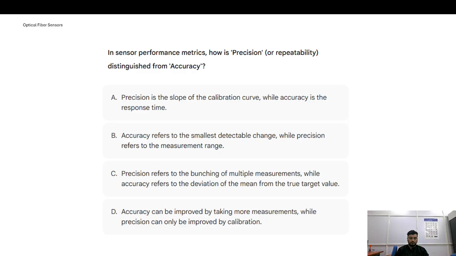Option C. Precision is about multiple measurements, and accuracy refers to the deviation of the mean from the target value.